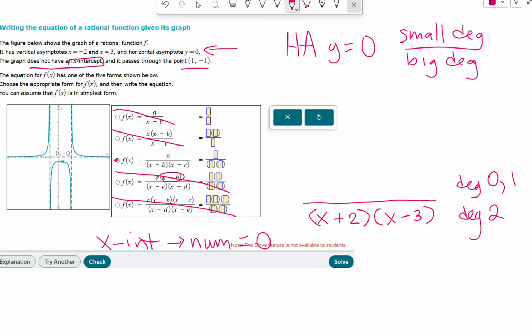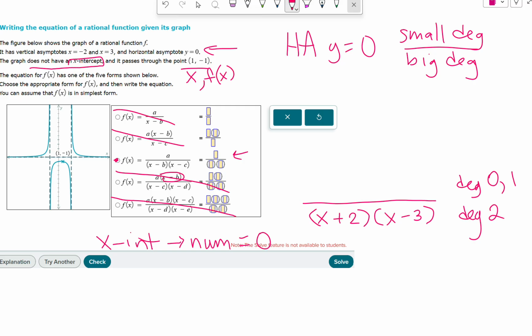All right, so my final step is to find all the values of A, B, and C and plug them in to my answer. So I choose the little dot there, and then I'm going to be able to put the answers into that space. All right, so if it passes through the point 1, -1, I'm going to call 1 x, and then -1 is y, but in this case, they are calling it f of x.